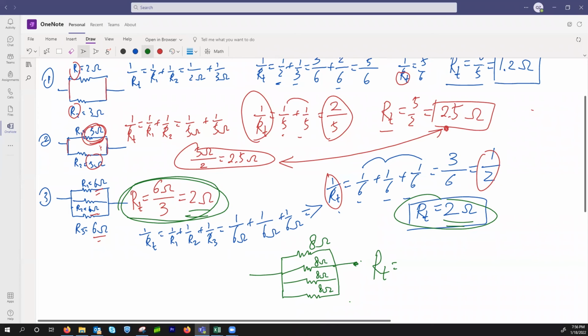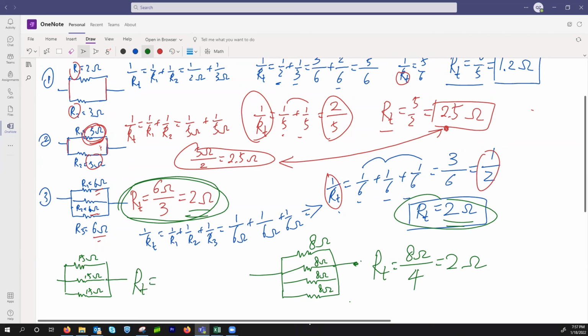So the total value is going to be equal to the individual resistor divided by the number of resistors that you have. So 1, 2, 3, 4, and we will find out the total value will be equal to 2 ohm. Another example, let's assume that we have 3 of them connected with each other, and each of them is 15 ohm in parallel with each other. So what should be the total value here?